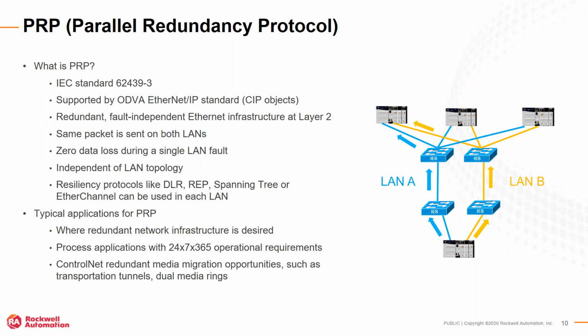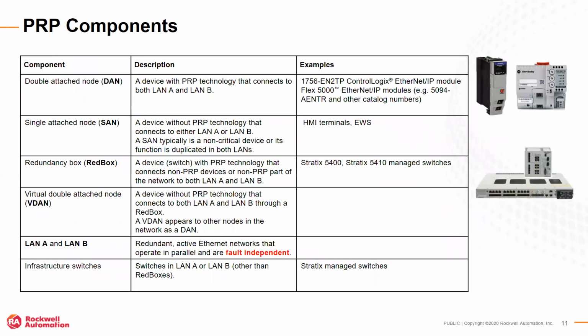The components of the Parallel Redundancy Protocol, obviously, this is something Rockwell likes to use, so acronyms will come into play. So to bring you up to speed, these are some of the things that we will see in a parallel redundant protocol network.